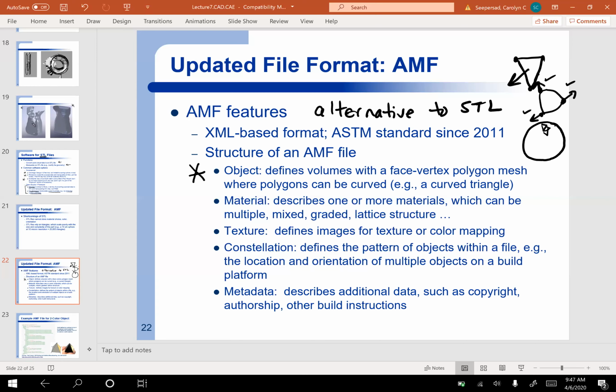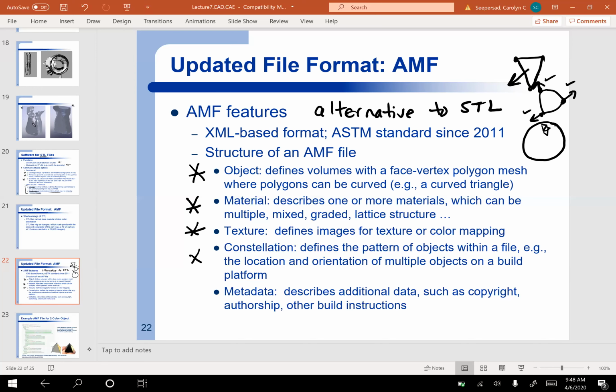All right, you can also describe for each object different materials. There can be multiple materials, there can be mixed or graded materials. So an object, for example, will allow you to have a black flexible material, a white solid material, and then to grade between those two. Lattice structures as well. You can define textures or colors for the surfaces if you want to have them be different colors.